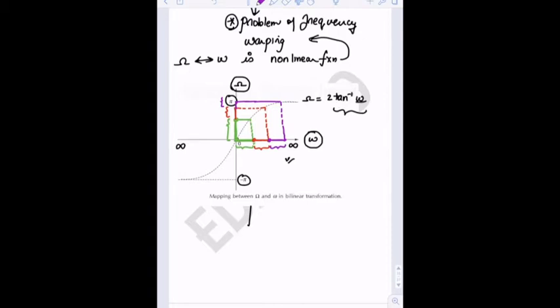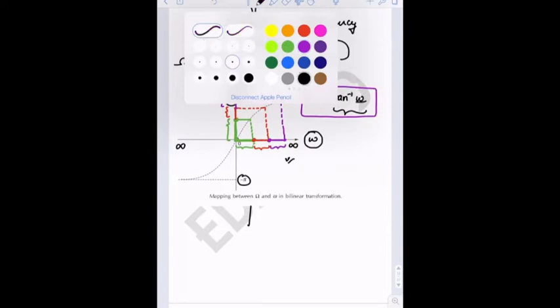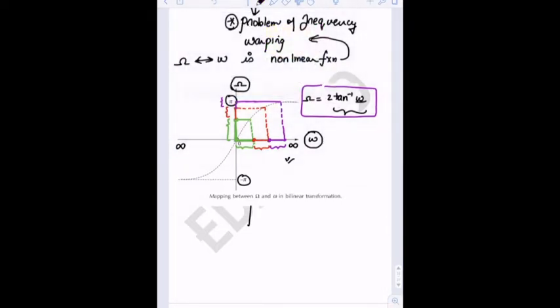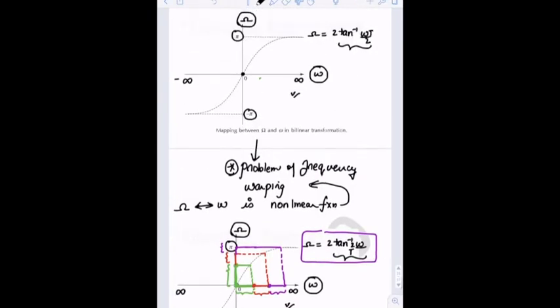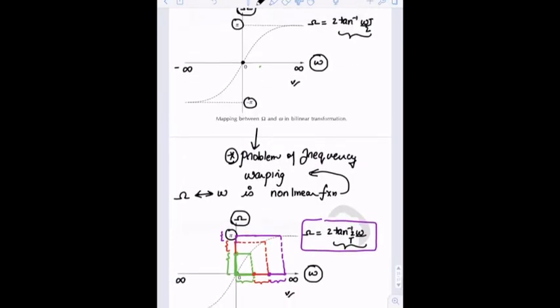Now what we can see here is that the relationship was omega T by 2.